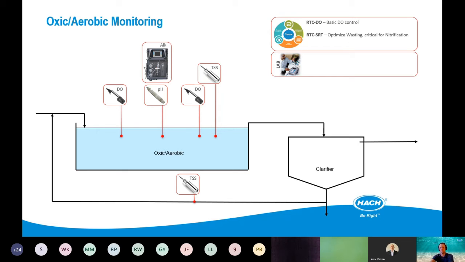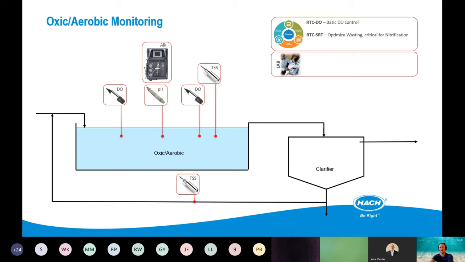Solids retention time is an industry-leading measurement that helps us understand where our process is and what is working and what is not working in certain conditions, whether it's cold outside, changing conditions, warm, hot, flows are different at different times of the day. And Hach has a solution that can help pull all that together.